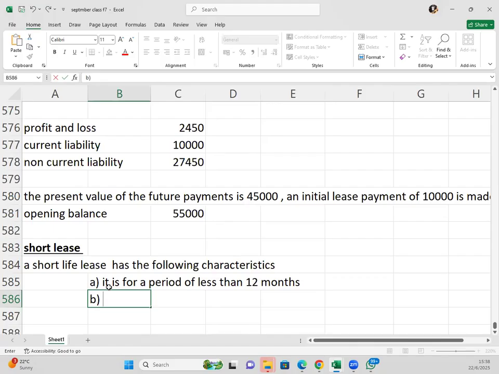If the value of the asset that we are leasing out, when it is new, is worth $5,000 or less, then it is for a low-value asset.